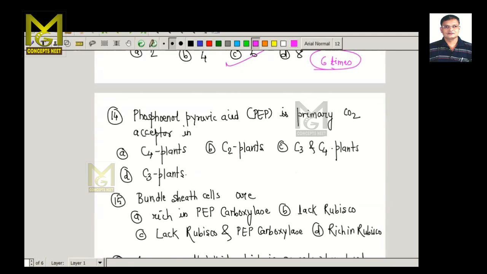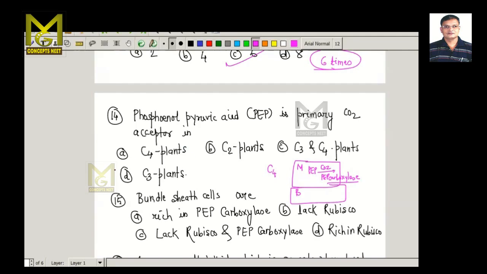Phosphoenol pyruvic acid is a primary carbon dioxide acceptor. This is the mesophyll cell and this is the bundle sheath cell, in C4 plants. Phosphoenol pyruvic acid accepts carbon dioxide here in the mesophyll cell, and the enzyme required is PEP carboxylase. So in which type of plants does PEP accept carbon dioxide?